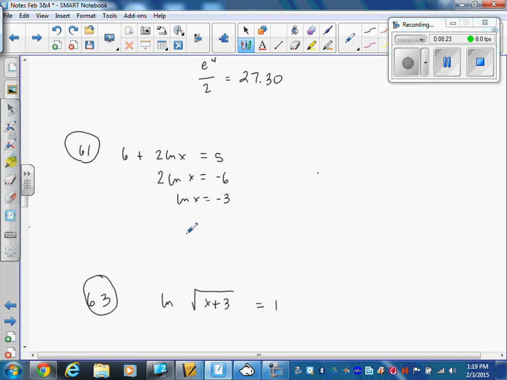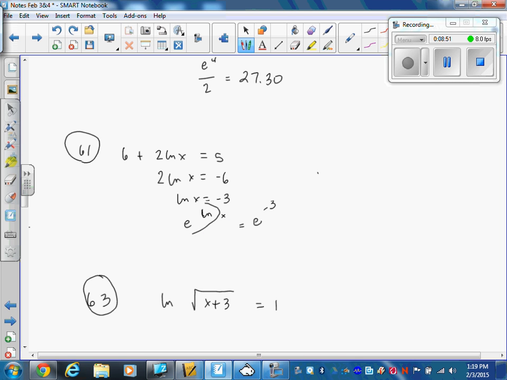And now I'm ready to use my e to the ln power. This did have to be isolated for my e to the ln power before I could use that e piece. So this is e to the ln x equals e to the negative 3.